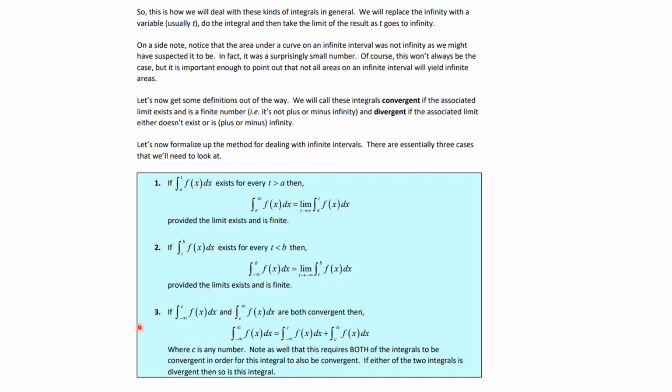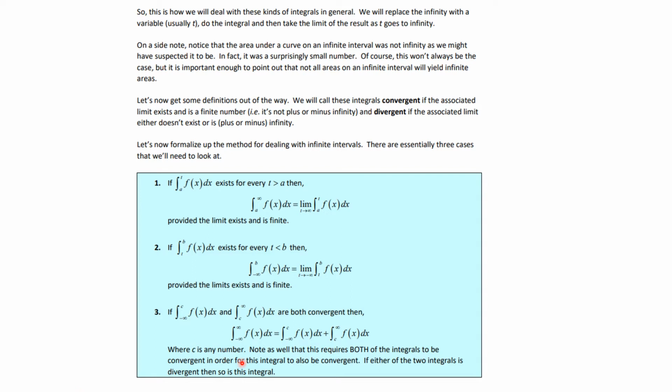and is finite. And if both the integral from minus infinity to c of f of x dx and the integral from c to infinity of f of x dx are convergent, then the improper integral from minus infinity to infinity of f of x dx is the integral from minus infinity to c of f of x dx plus the integral from c to infinity of f of x dx, where c is any number.